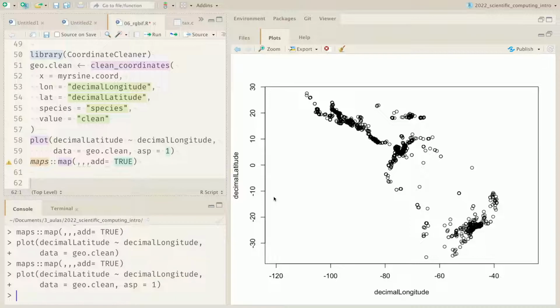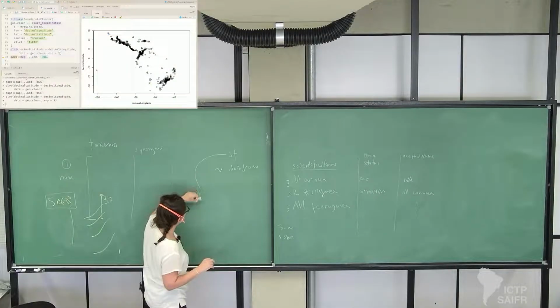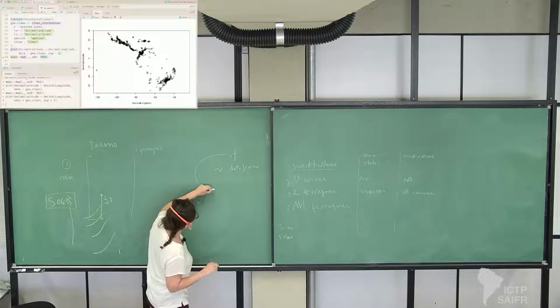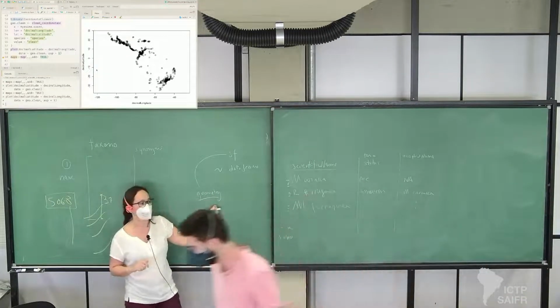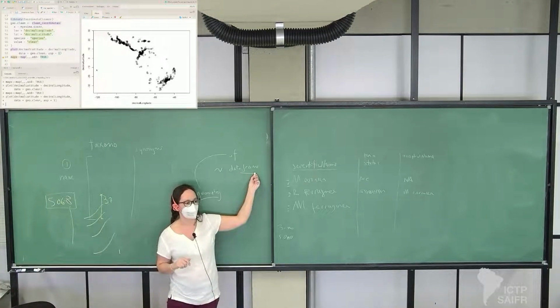So if you remember, I told you yesterday that SF objects were very similar to data frames. One of the key differences is that SF objects have a column that is called the geometry. Yes? So the geometry in SF is somewhere here.